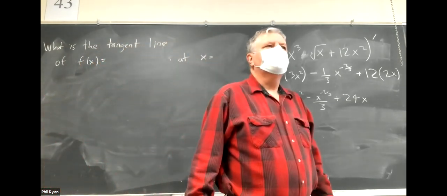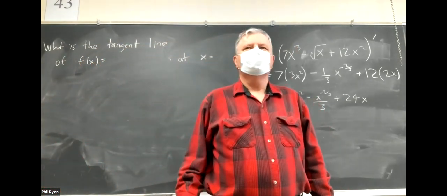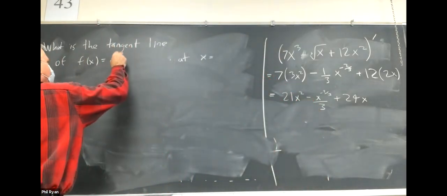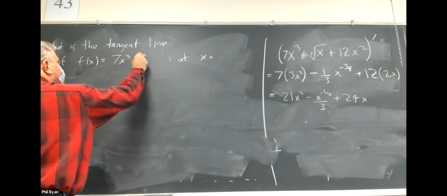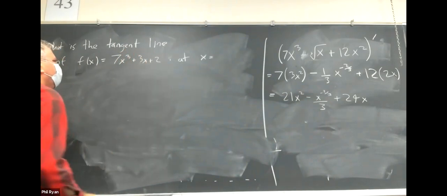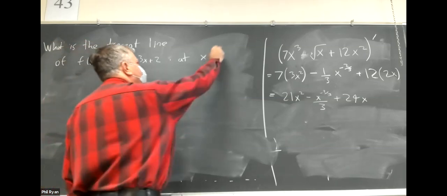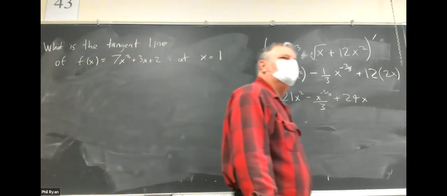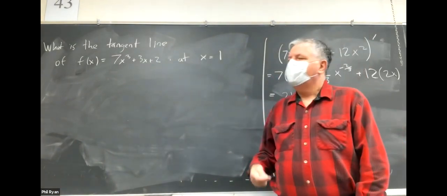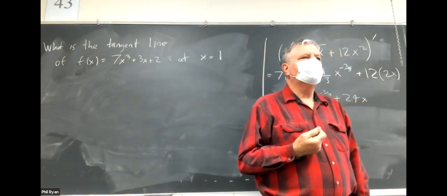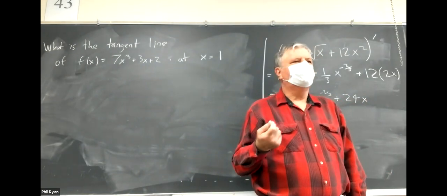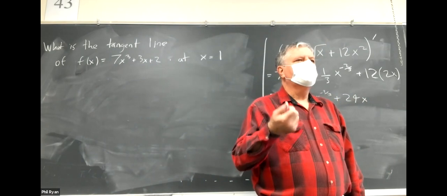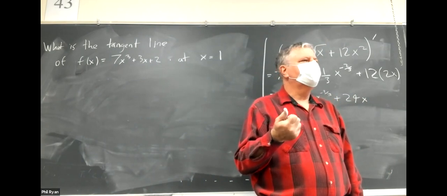Well, let's have a function. So let's say 7x cubed plus 3x plus 2 at, say, the point x equals 1. Okay. So what information do I need to give you for you to give me a formula for the tangent line? It's a straight line, so what kind of information do you need?